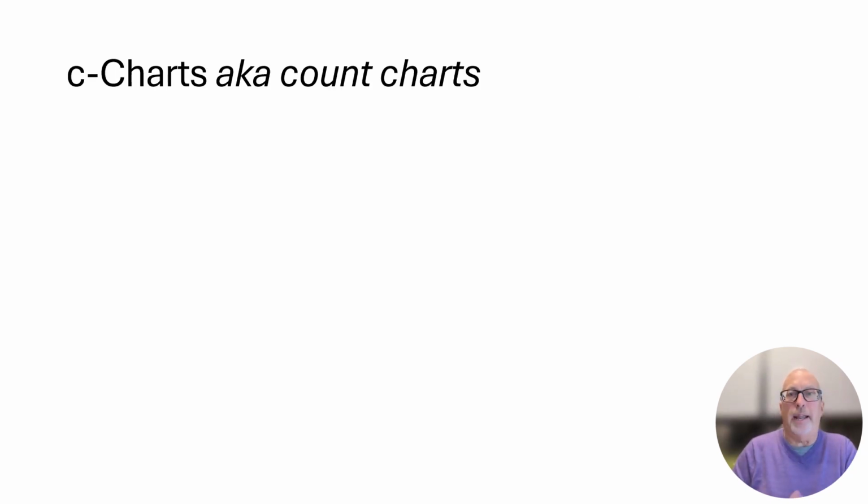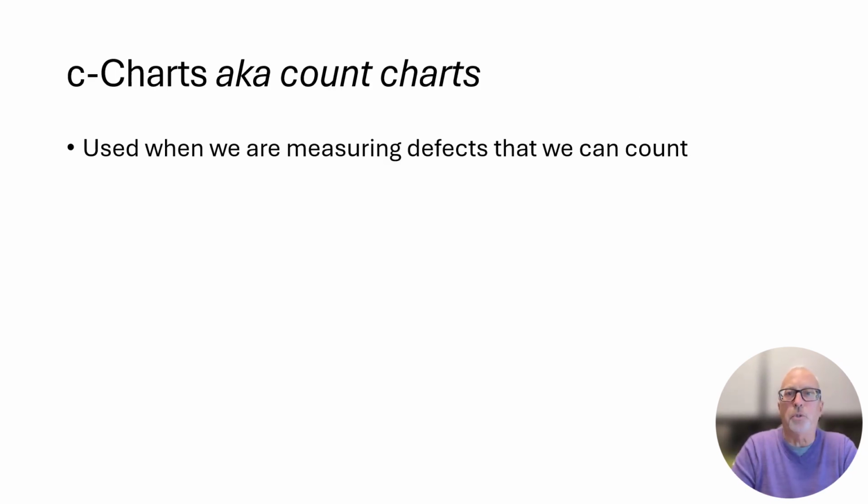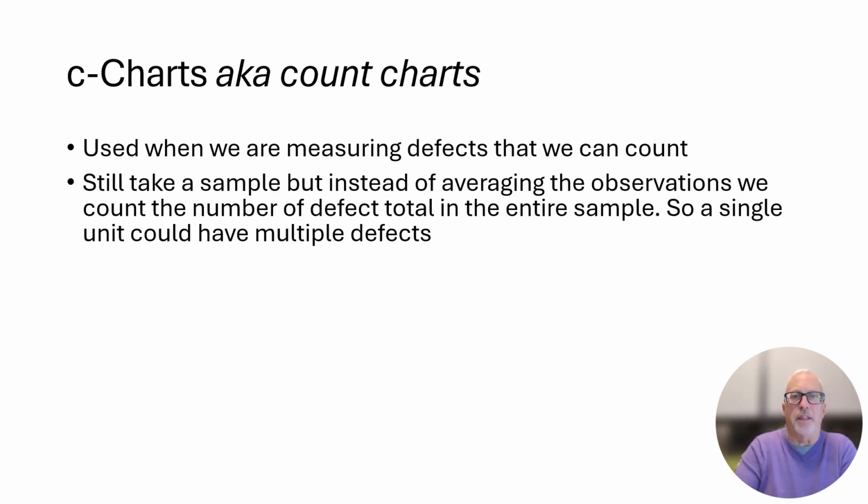C charts, aka count charts, are used when measuring defects that we can count. Here's the difference. We still take a sample, but instead of averaging observations or calculating the percentage failure, we actually count the total number of failures in the sample. So a single unit could have multiple defects. If we delivered a desk, we'd inspect the desk and see, oh, there's a scratch over here.